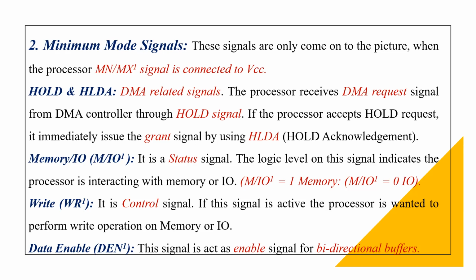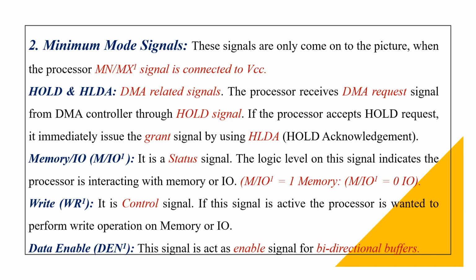The processor can receive the DMA request signal from a DMA controller through the HOLD signal, so that the DMA controller can gain control over the system bus. For that, the DMA controller sends a request signal to the processor. The processor gives the highest priority to a hold request over any other interrupts. It immediately responds to this request and issues a grant signal to our DMA controller by using HLDA.